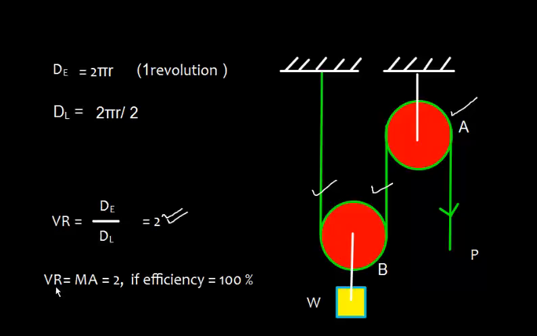Well, velocity ratio and mechanical advantage will be 2 if the efficiency was 100%. So here the velocity ratio will be equal to mechanical advantage if the efficiency was 100%.